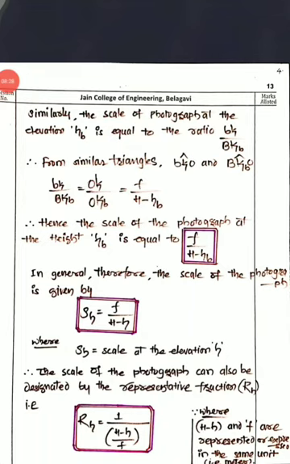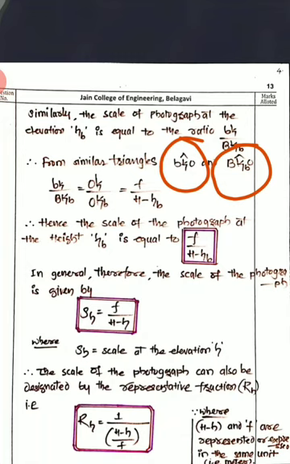Now similarly with respect to the elevation B, HB, right, the scale of photograph at the elevation HB is equal to the ratio of small bk divided by capital BkB. From the similar triangle bkO, that you are going to compare with the capital BkB O, right?